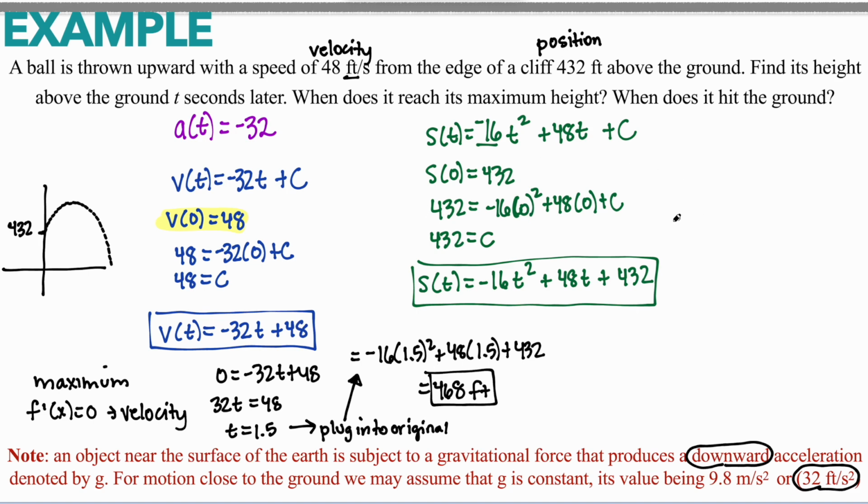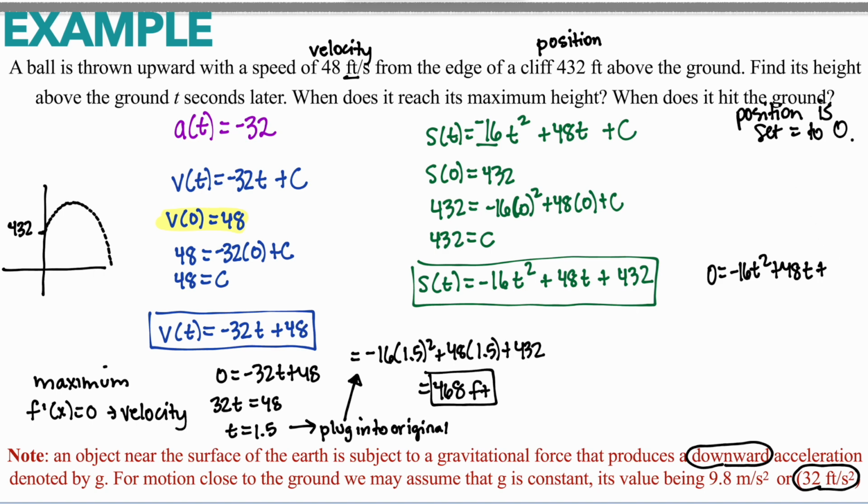When does it hit the ground? It hits the ground when the position is set equal to 0. So now I'm going to take the position and set it equal to 0, and I'm going to solve.